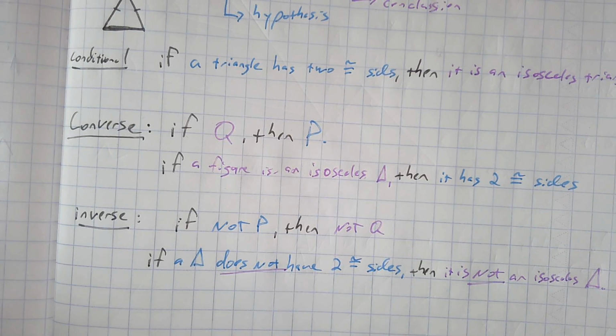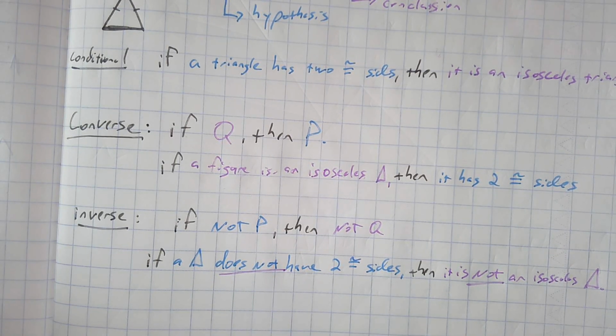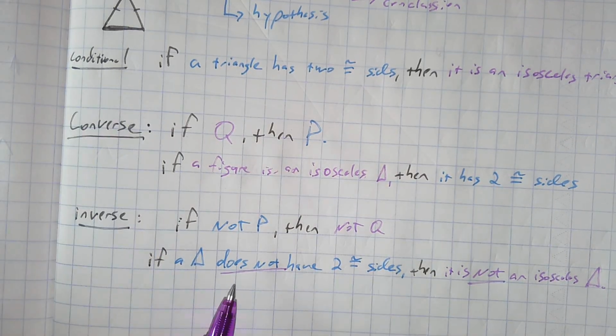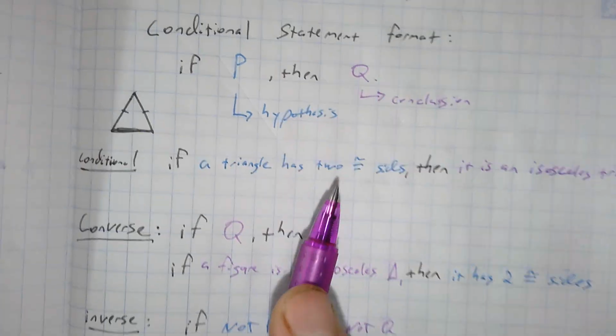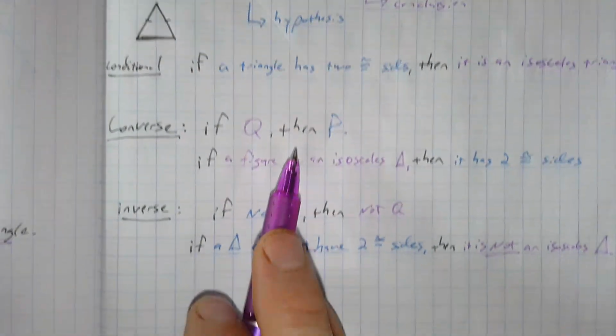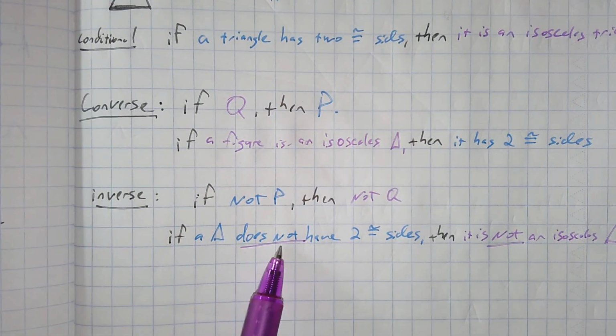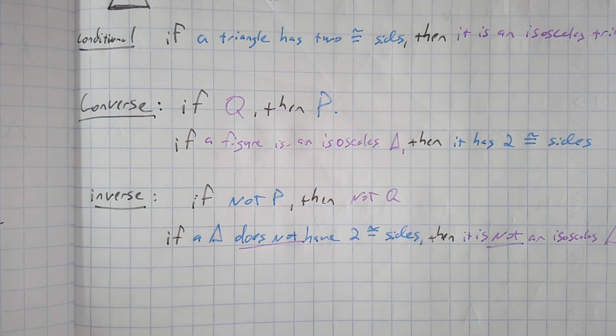Okay, I'm doing a little bit of shorthand here just to save space. Okay, so that is the inverse of the conditional. All I had to do is the P and the Q stay in the same spot, but it changed into a not statement.